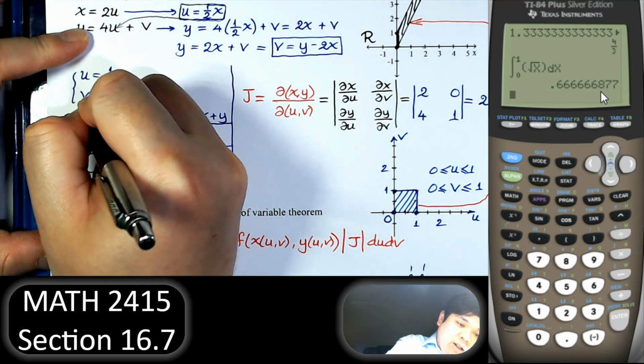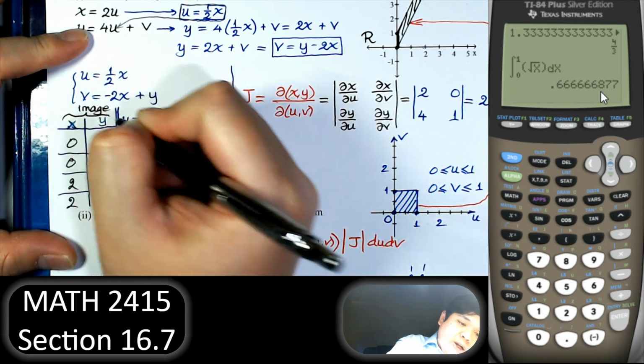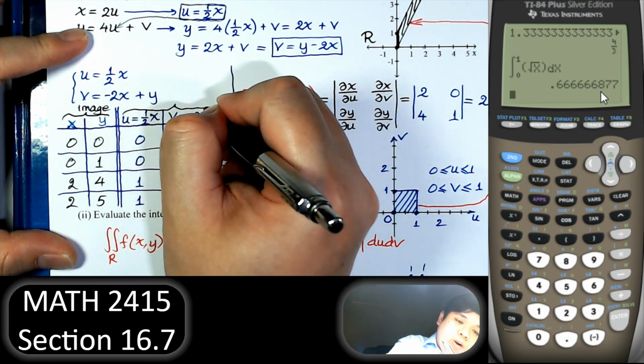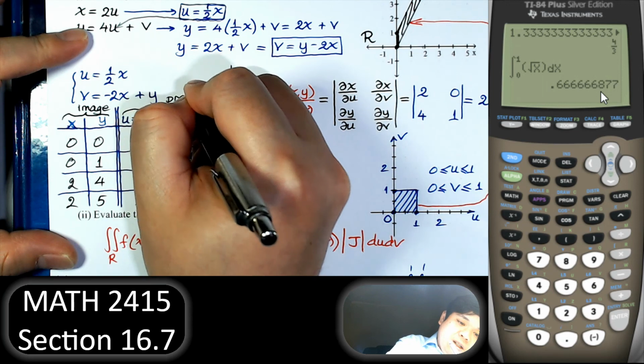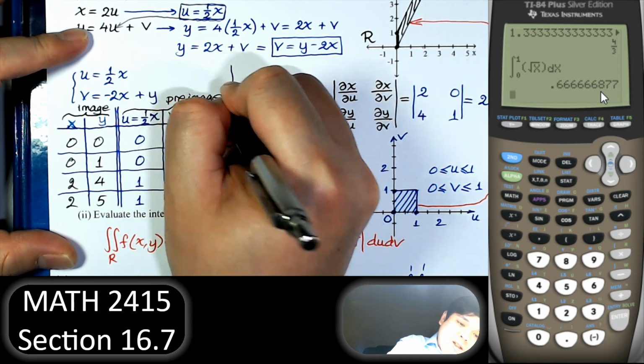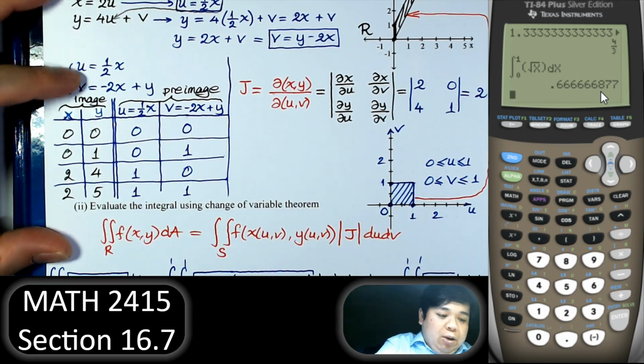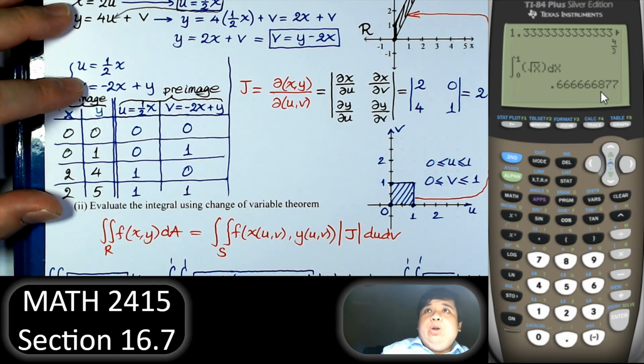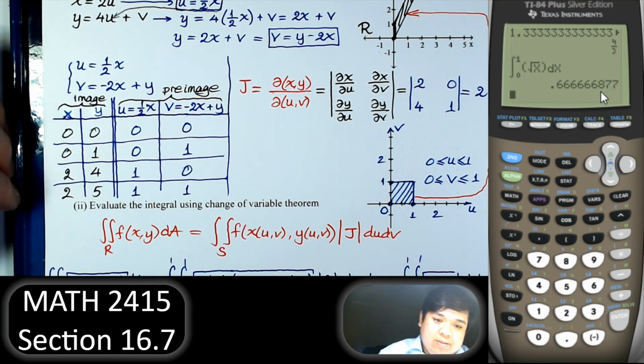This is what is given, the image. We will solve for the pre-image. And then we just put in the point and we find that, or we use the calculator like I showed earlier.